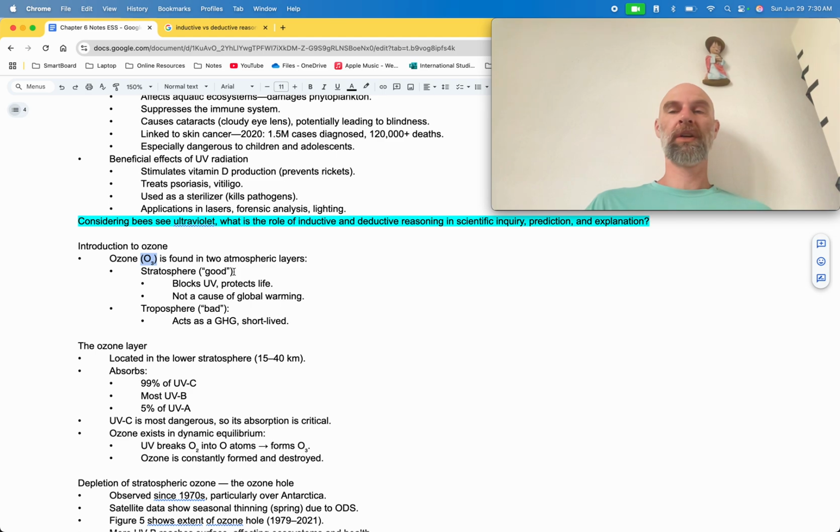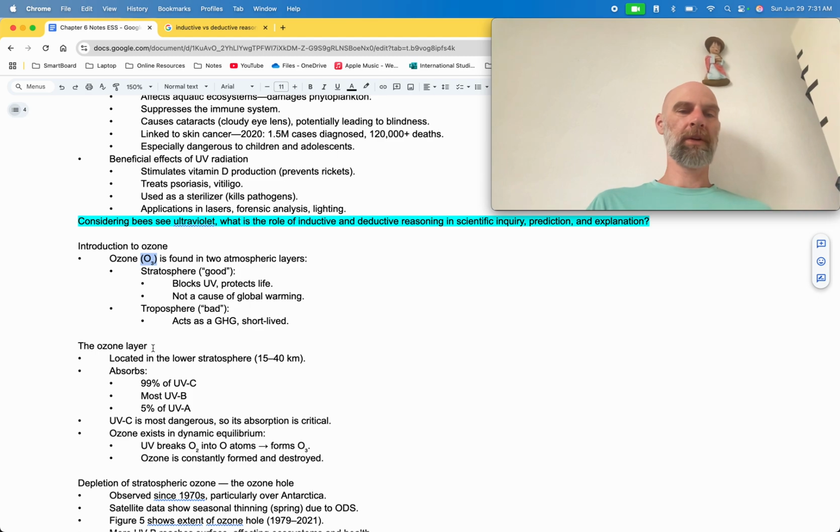Stratosphere, which is good: it blocks the UV light, protects life, and is not a cause of global warming. Yes, we like ozone in the stratosphere. In the troposphere, it is bad. It acts as a greenhouse gas. It's short-lived, but it traps more heat. So keep this in mind: ozone in the stratosphere, good; troposphere, bad.